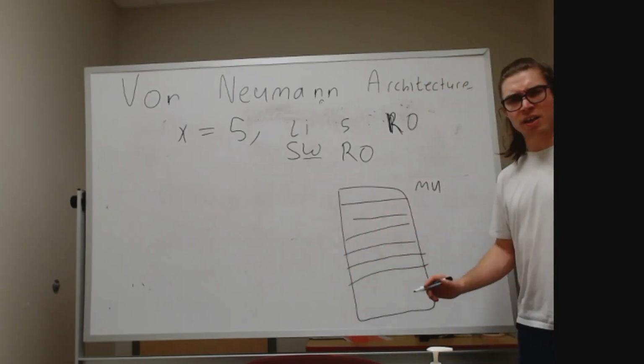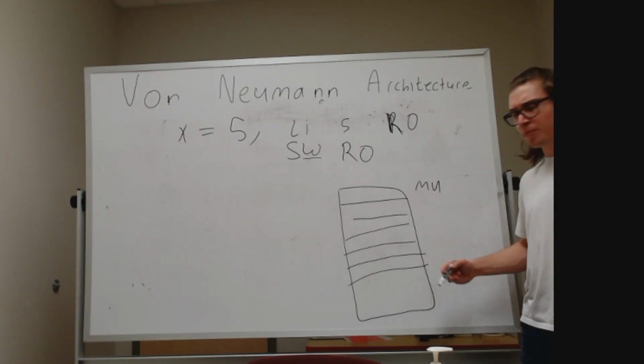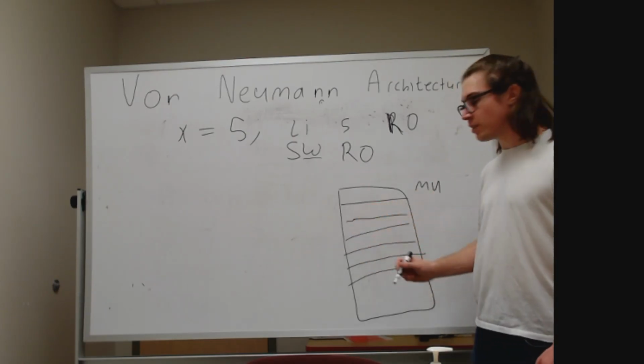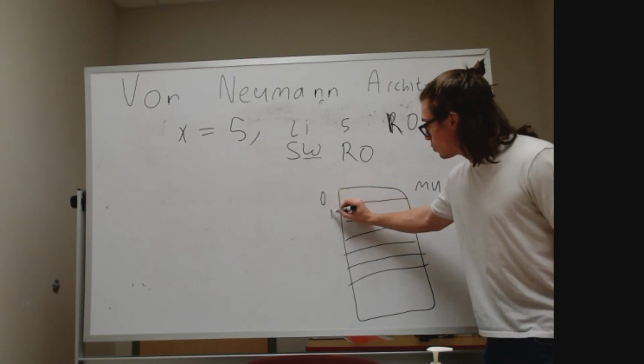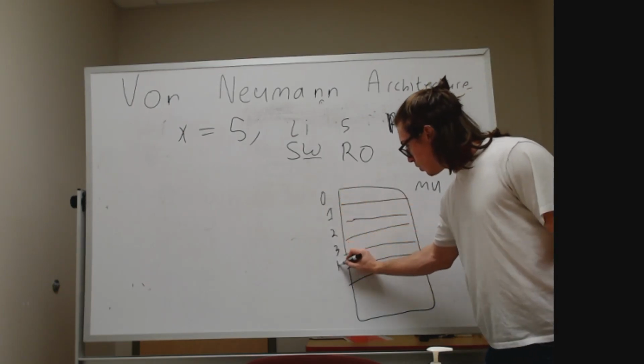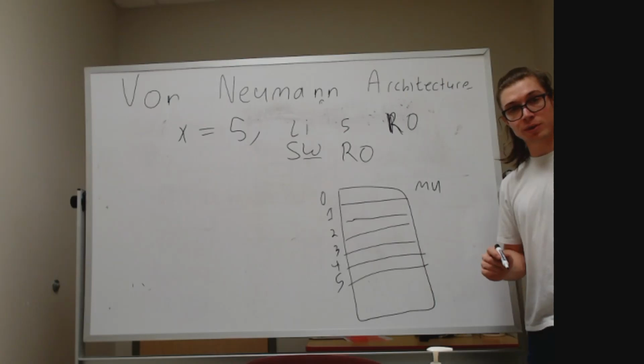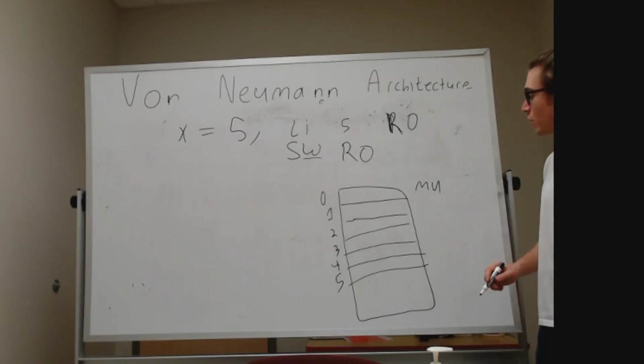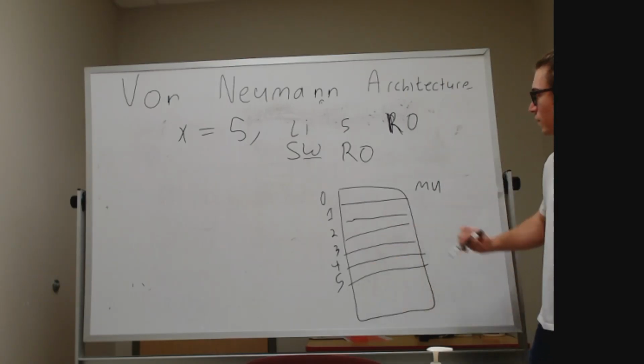Our memory unit is just broken up into a series of words. But keep in mind that our program is also stored here. So we will have some number that stores which word is where our memory starts. Let's say that our memory starts at 5.